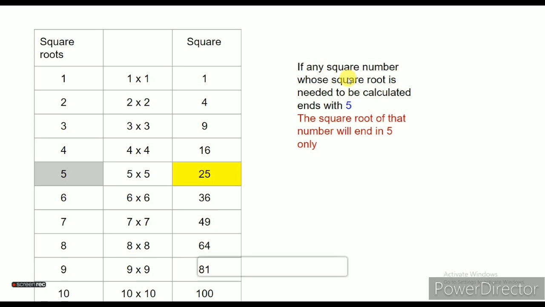The next column indicates that if any square number whose square root is needed to be calculated ends with 5, the square root of that number will end in 5 only.